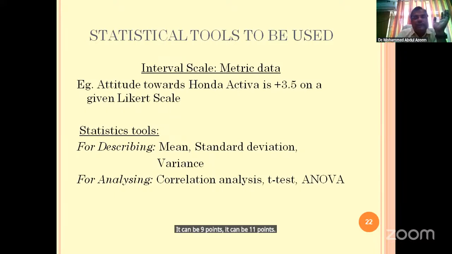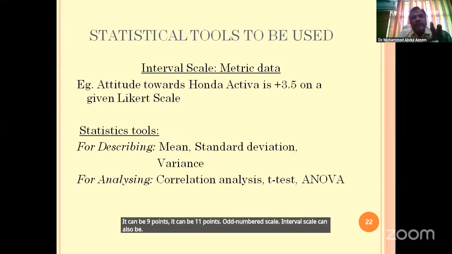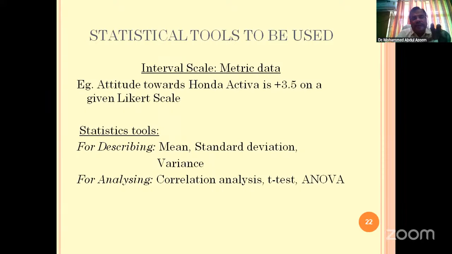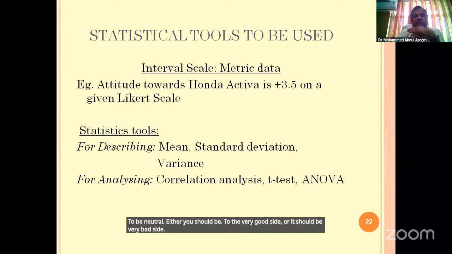Odd numbered scale. Interval scale can also be an even numbered scale if you don't want the respondent to be neutral. Either you should be on the very good side or on the very bad side, but neither good nor bad.